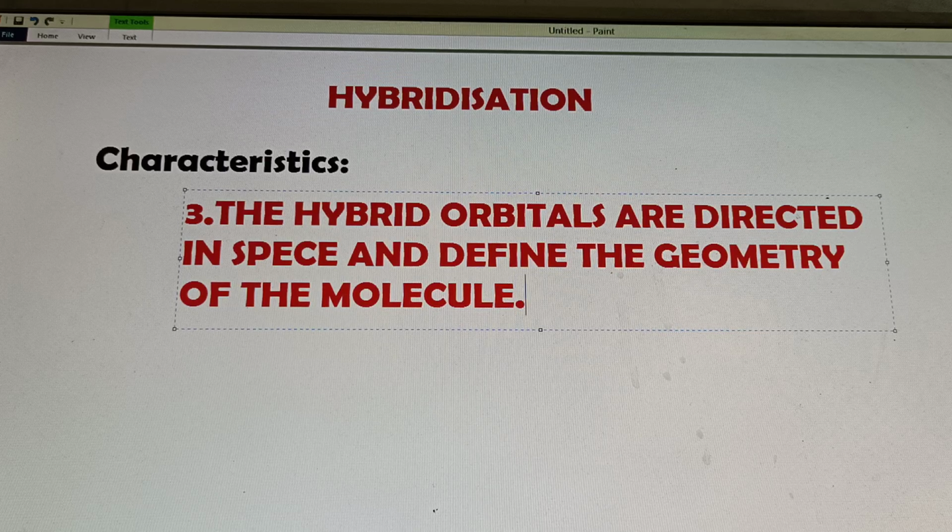Okay, so these three characteristics of hybridization are very important. The first one is most important, so please note that.